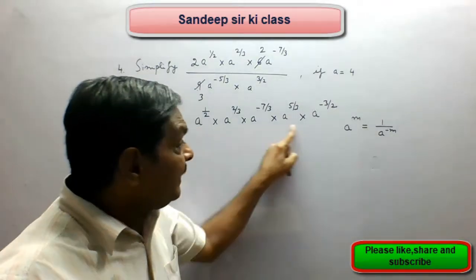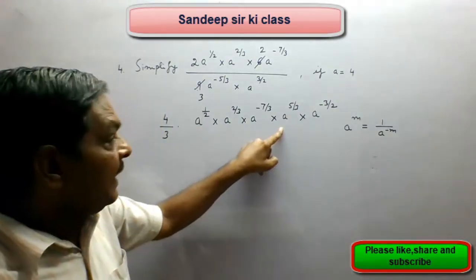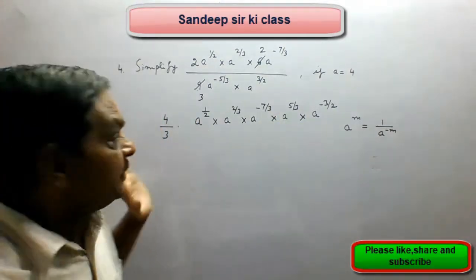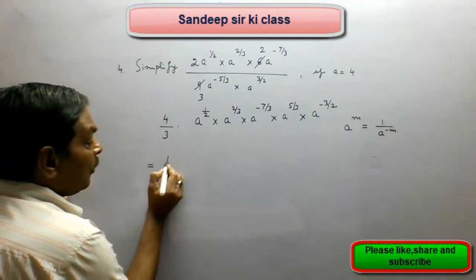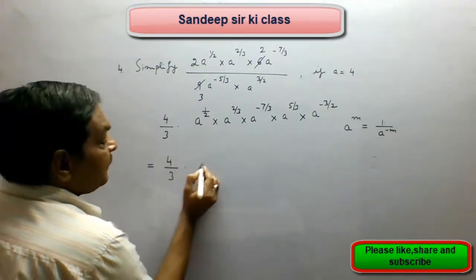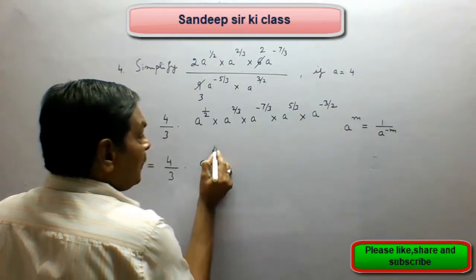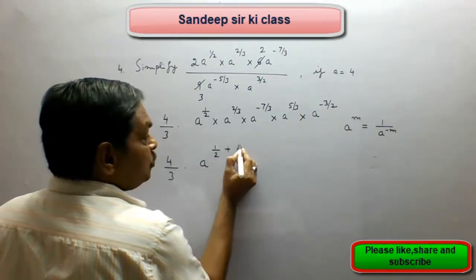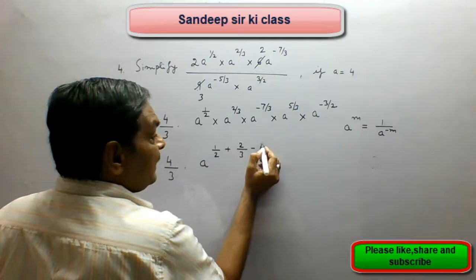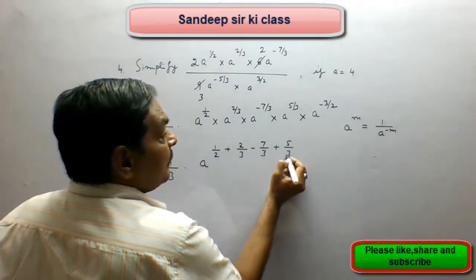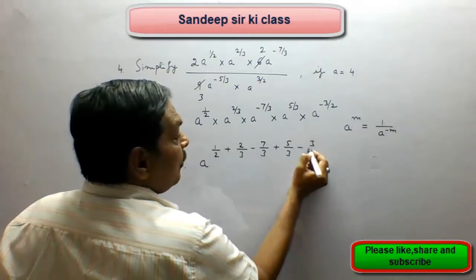Now here the base is the same, base is a in all, so powers will be added in multiplication. So we obtain 4 upon 3 as it is, a to the power, powers we are adding, so 1 upon 2 plus 2 upon 3 minus 7 upon 3 plus 5 upon 3 minus 3 upon 2.